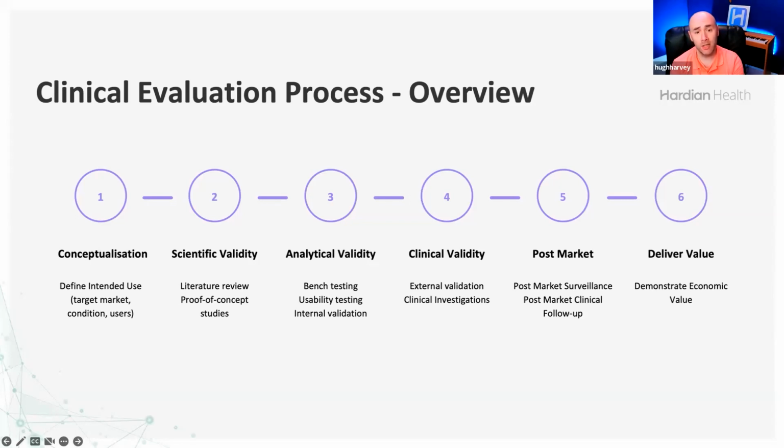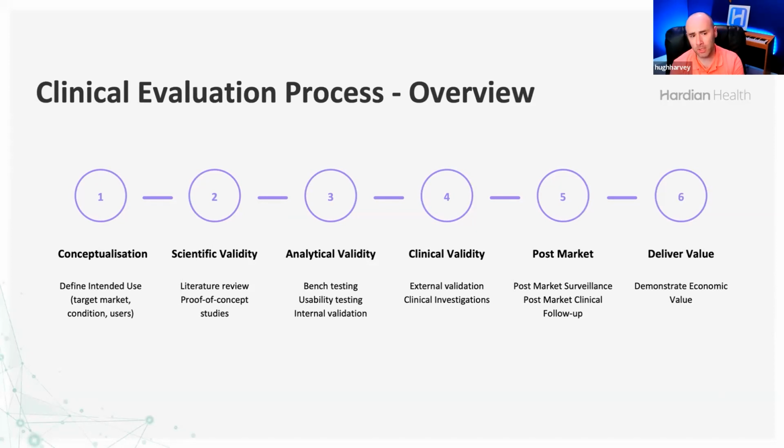You do this over a series of processes, which all together tell a narrative that you have gone from a conceptualization phase all the way through to demonstration of delivering value for a healthcare system. And there are different points in that process that are really critical to understand and get right, especially in the context of regulated medical devices.